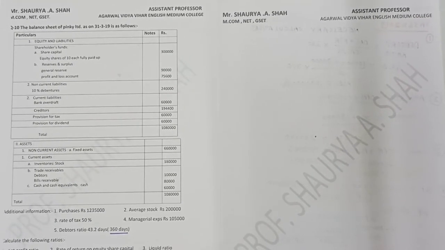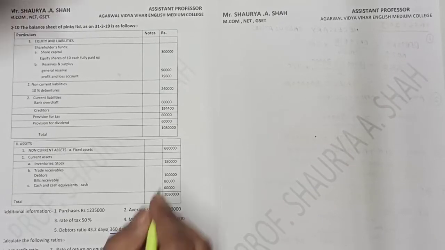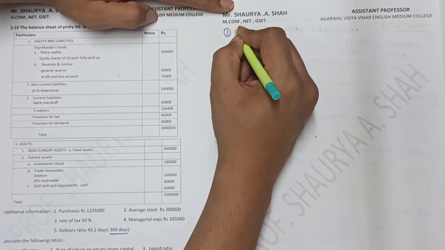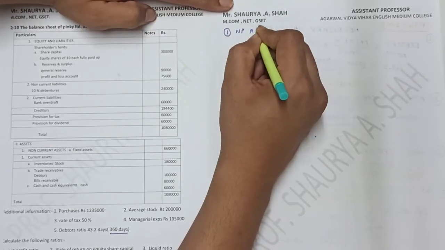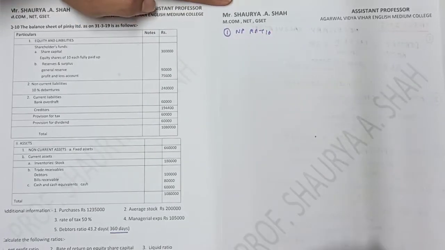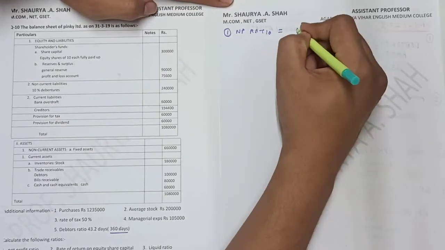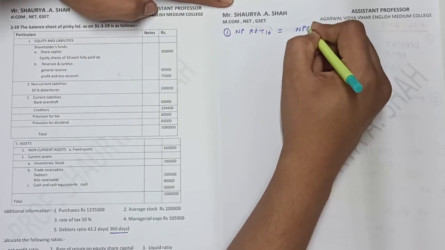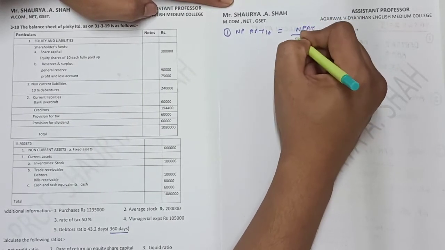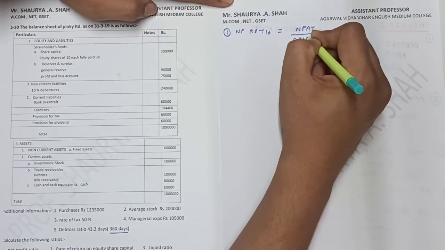Now net profit ratio, the formula is, first of all, NP ratio is equals to net profit after tax upon sales into 100.